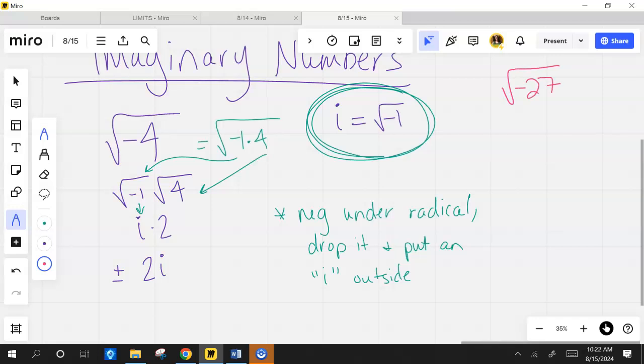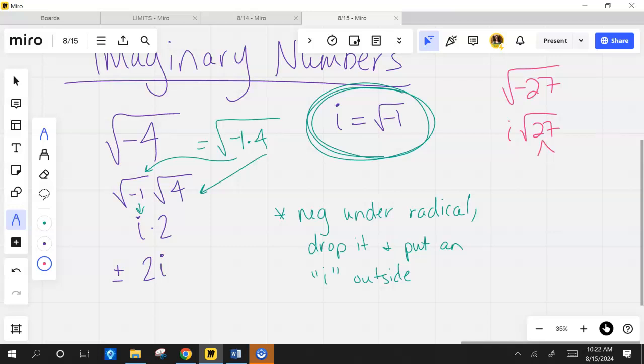If it's negative 27, and I need to simplify that, first thing I'm going to do is drop the negative and put an i out there. And then I am just going to proceed like normal. I'm going to continue.